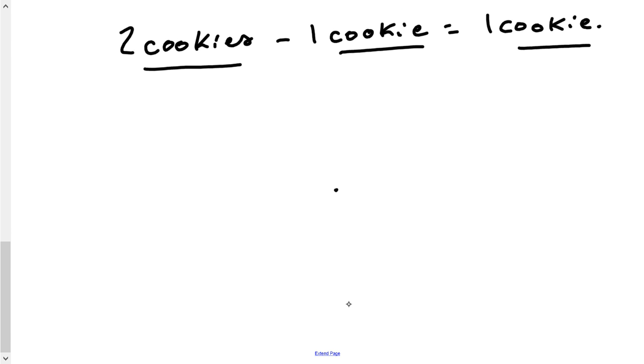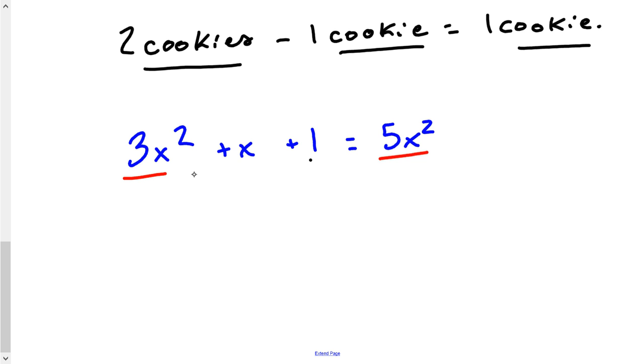Let's do another example here, kind of a higher order one. If we had 3x squared plus x plus 1 is equal to 5x squared. If we look at this, the only things that we can combine are the squared terms. So we would subtract 3x squared over.